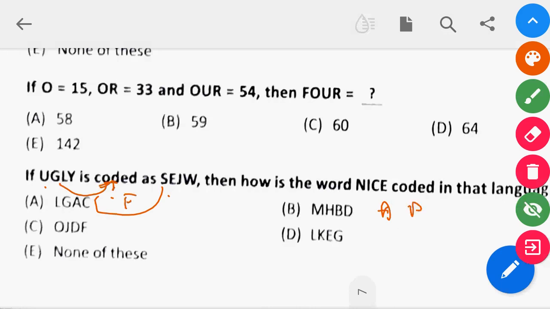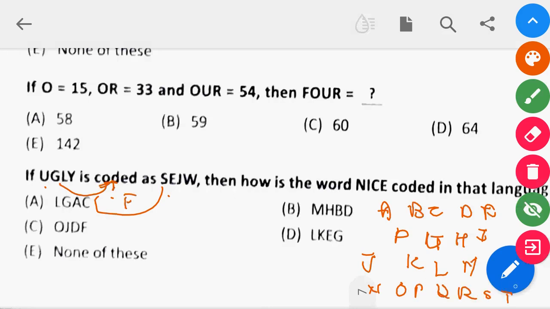I will again write here A, B, C, D, E, F, G, H, I, J, K, L, M, N, O, P, Q, R, S, T, U, V, W, X, Y and Z. Now see, you are going back. U, T is left and S is taken.